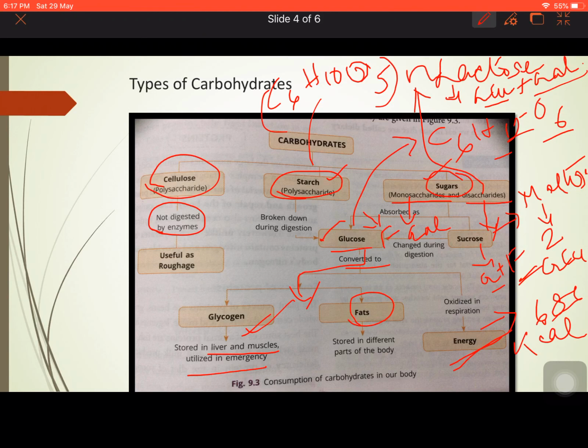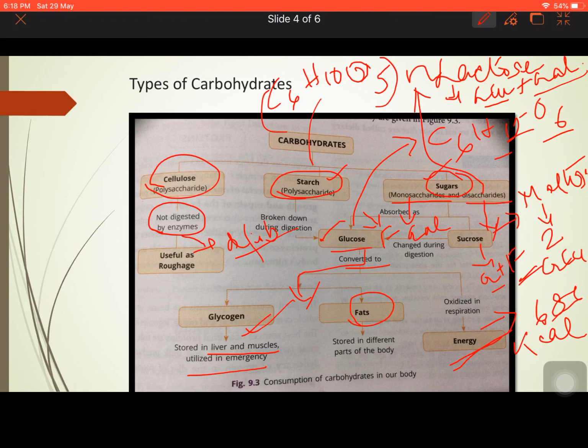And what is it doing? Cellulose is mainly found in the cell walls of plants, in the seed coats, in fruits, in vegetables, as well as in cereals. So cellulose contains a large proportion of dietary fibers, and it is useful as a roughage in our body.